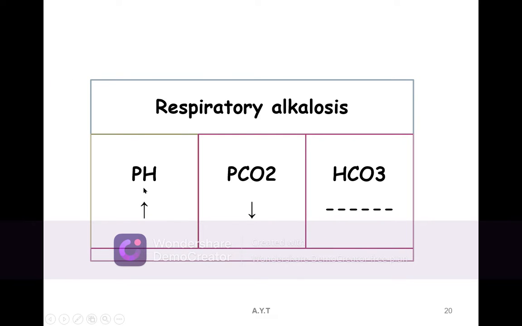Another condition: pH is higher, PaCO2 is lower, less than the 30 millimeters given in the lab. Then it is the carbon dioxide which you have expired in more expiration, tachypnea, so more is going out. So carbonic acid is not formed in the blood normally. It's lowered, and because of this, the pH is higher.